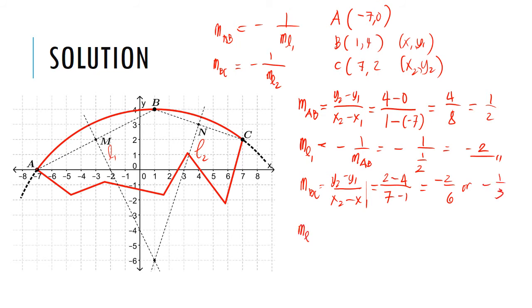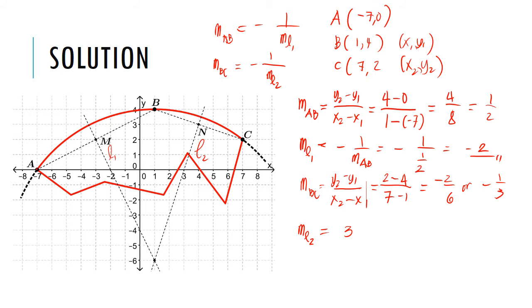Then we can now proceed and get the slope of the perpendicular bisector, which is L2. That is the negative reciprocal of negative 1/3. So reciprocate first 1/3, and that would give us 3 all over 1, or 3. Then you multiply it by negative 1, but since there is already a negative sign in negative 1/3, that is negative times negative, which gives us a positive 3.